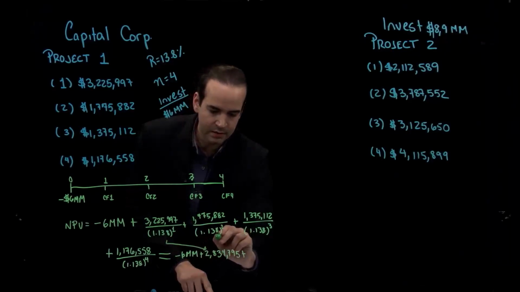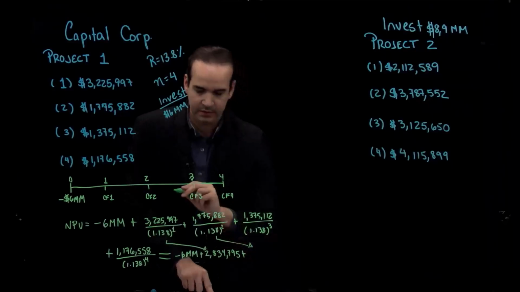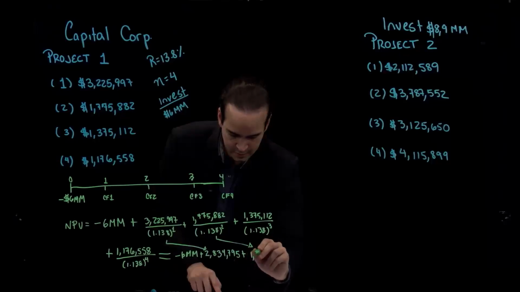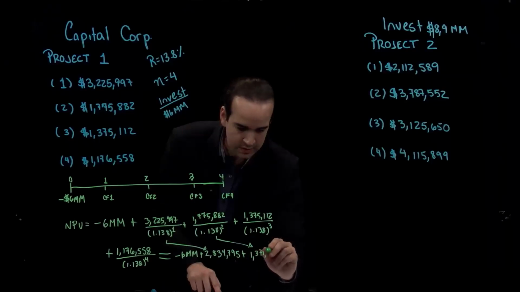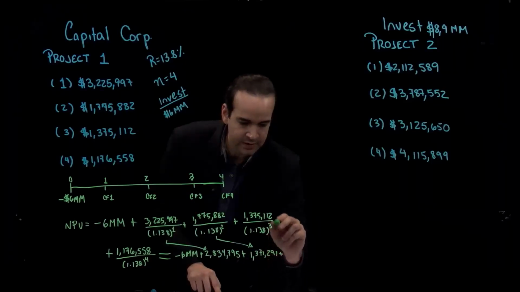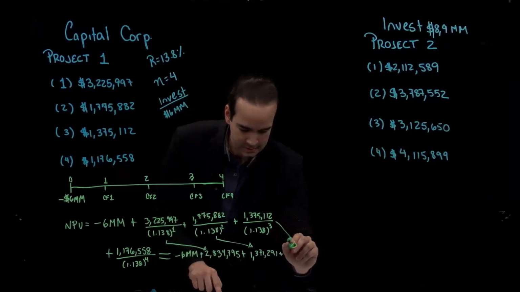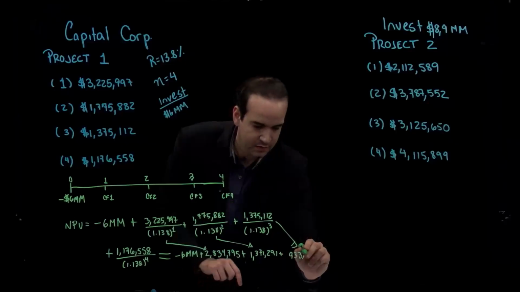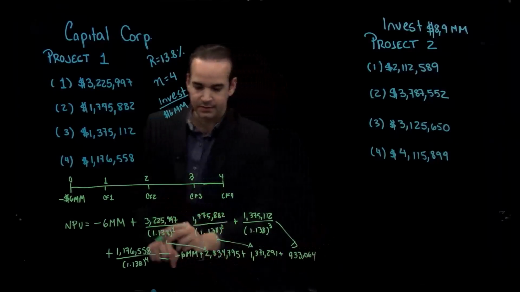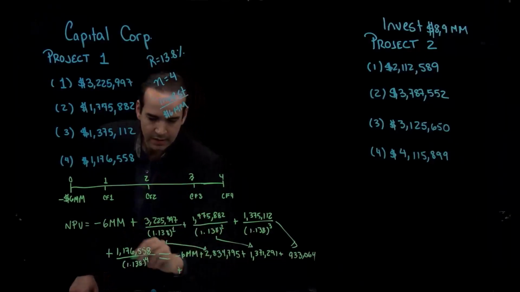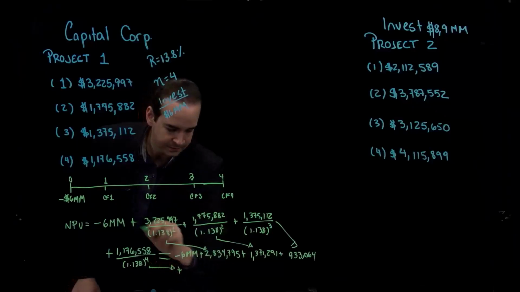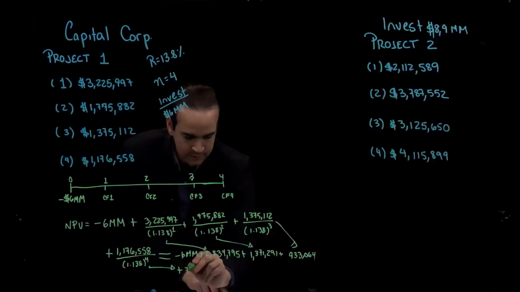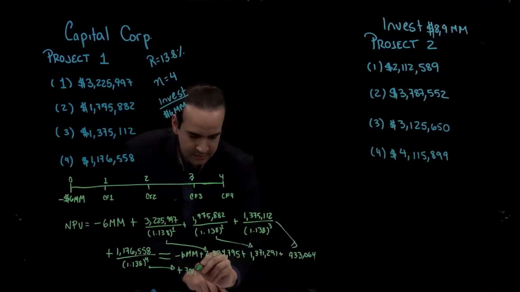Okay, and then the second cash flow is going to be 1,371,291 plus, and then we will have this, which is 933,064, and let's do the same. Let's go below here, and we're going to have this, which is going to be equal to 701,527.